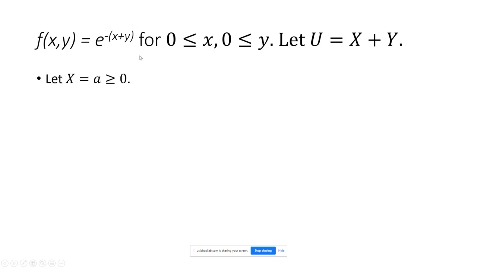All right. So let's start by letting x equal some constant a that we know is going to be greater than or equal to 0, because that was one of our restrictions on our density function. So then our function for u becomes u equals a plus y.